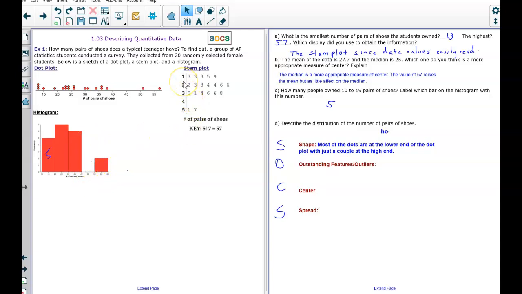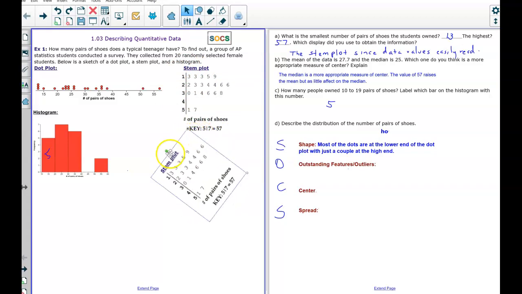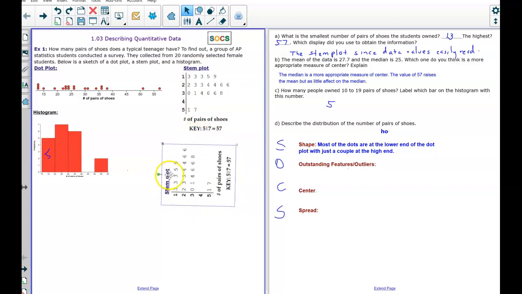For the stem plot, you actually have to rotate it, and let me see if I can do that. So I just snipped this picture, and so when you're looking at a stem plot, you actually have to rotate it, and so we can see that the stem plot also has the shape where most of the data is on the low end, and we just have a couple of values on the high end.